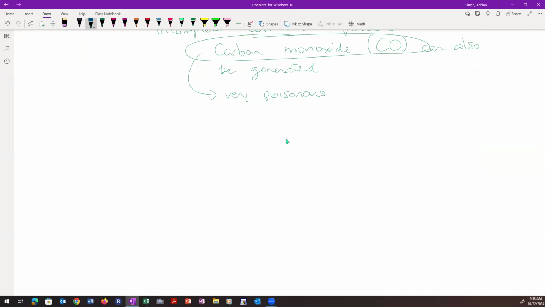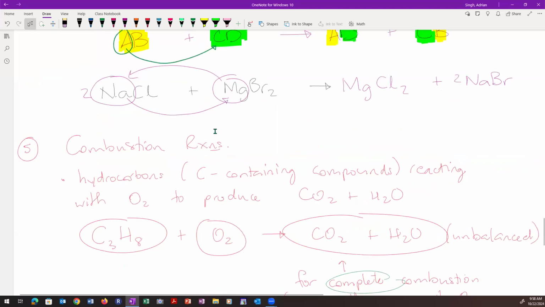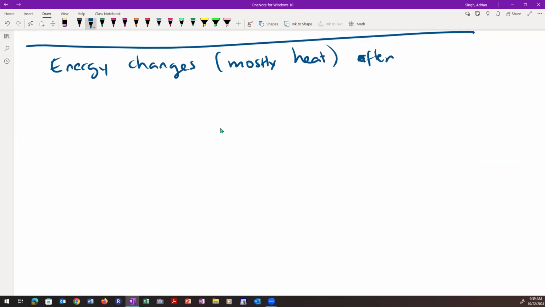I do want to mention 2 more types that can accompany some of the reactions we mentioned previously, and those are reactions that involve energy changes, specifically now energy changes that accompany these reactions. We're going to limit our focus here to these energy changes being mostly heat changes, which often accompany chemical reactions.